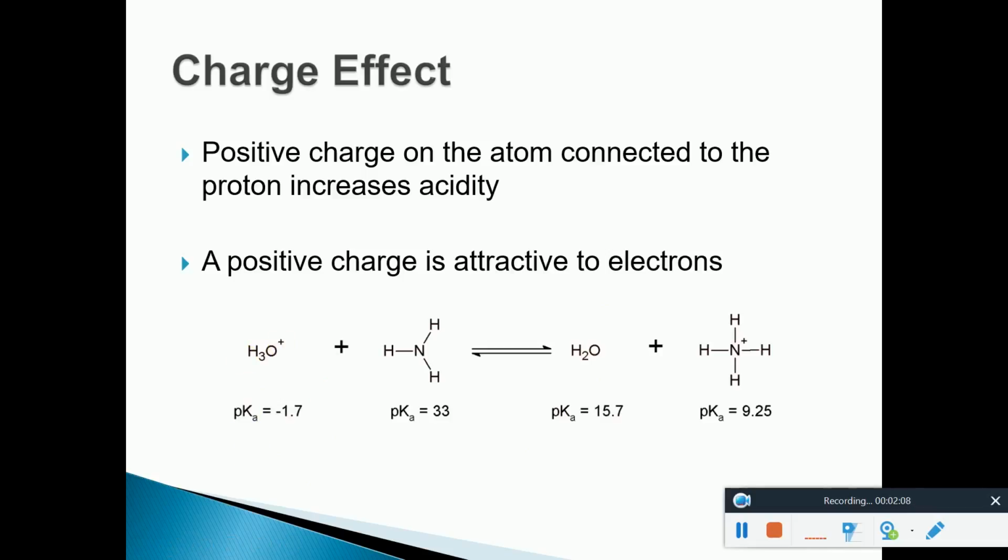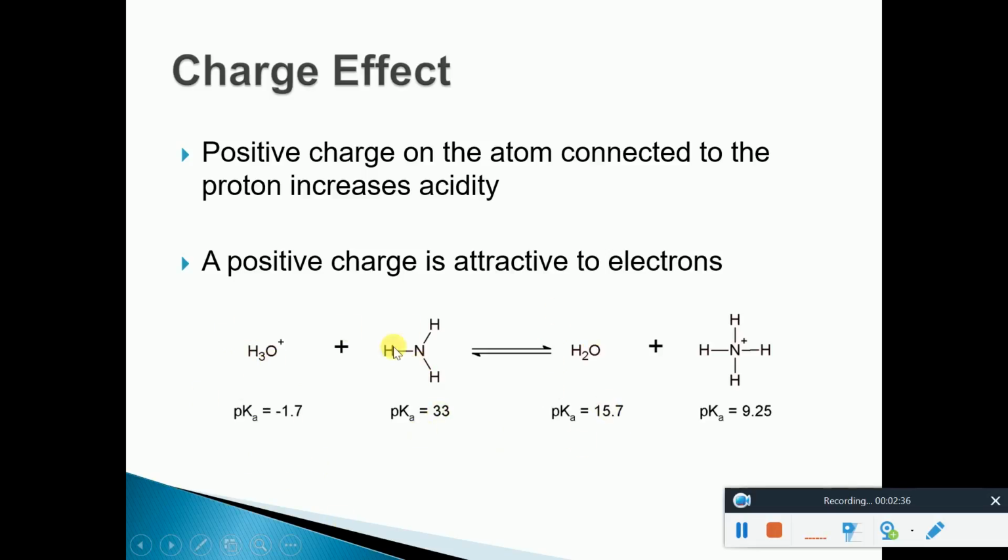Remember, pKa is the negative log of Ka. With Ka, the larger the Ka, the stronger the acid. It's the reverse with pKa: the smaller the pKa, the stronger the acid. So you can see there's a big difference between H3O plus and H2O, and we proved to ourselves that H3O plus is more acidic than H2O.